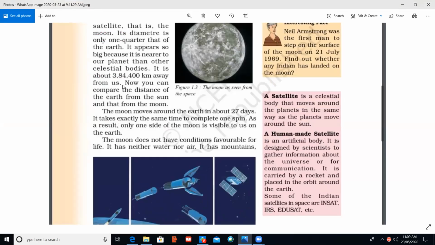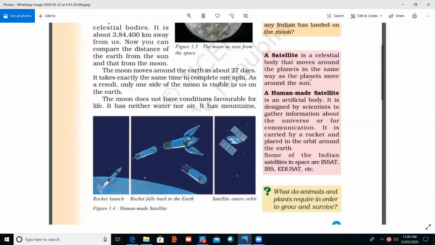It's about 3,84,400 kilometers away from us. Now you can compare this to Earth and the Sun. The Moon moves around the Earth in 27 days. You know that it takes exactly the same time to spin once. A satellite is a celestial body that moves around another planet.